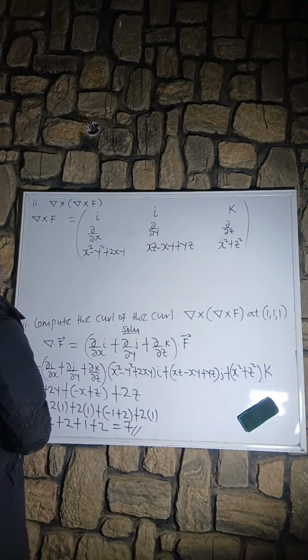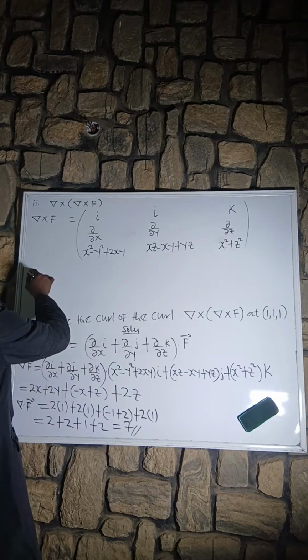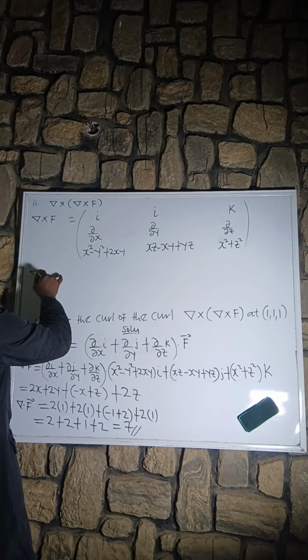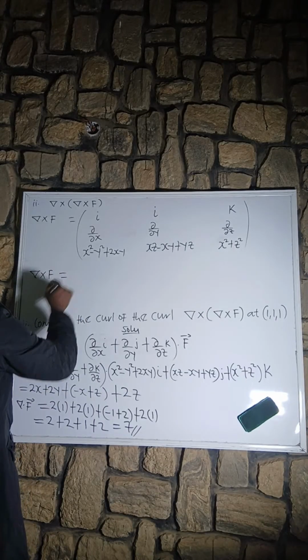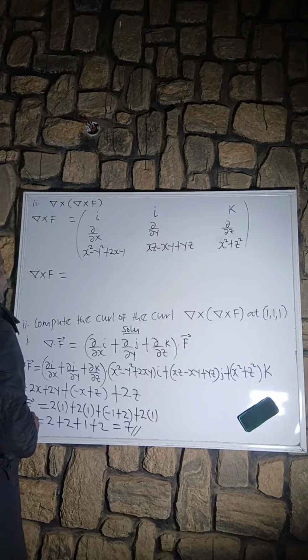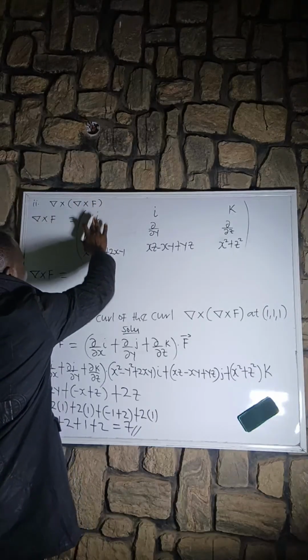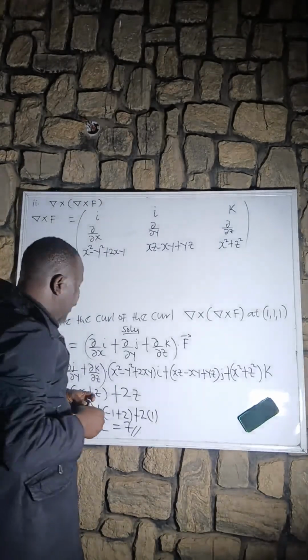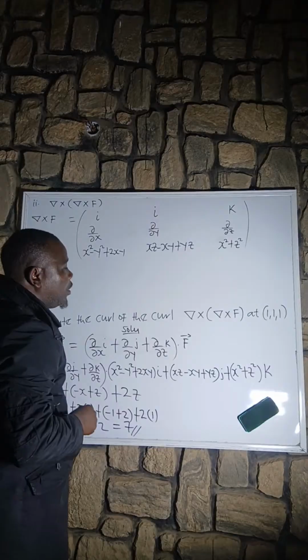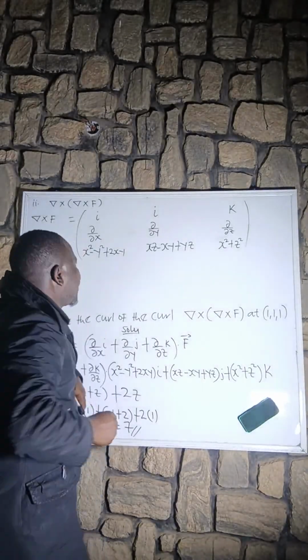So far, so good. So here we are going to have curl F now be equal to, if you cover here, look at it. I know some of you are not familiar with determinants.